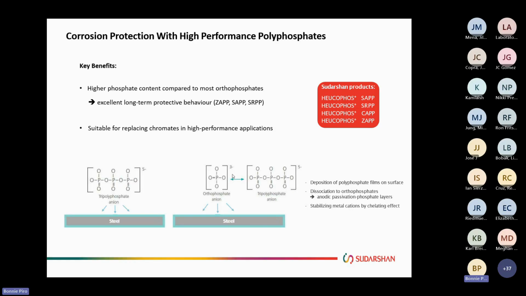So high performance polyphosphates, another grouping of pigments that are available. They are one of the more excellent long-term protective behaviors. These are also good for replacing chromates, especially in high performance application areas.